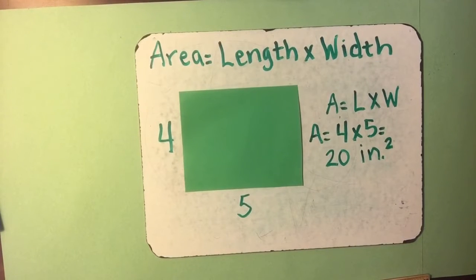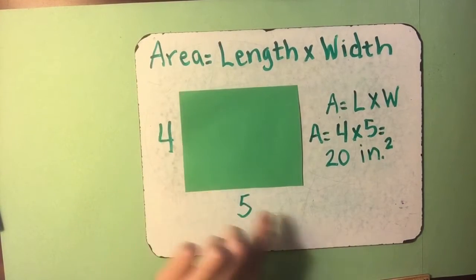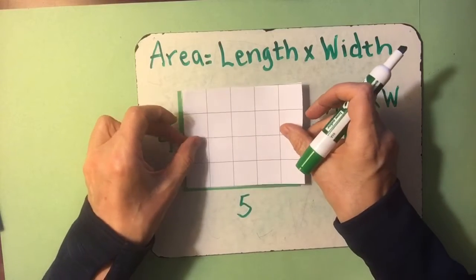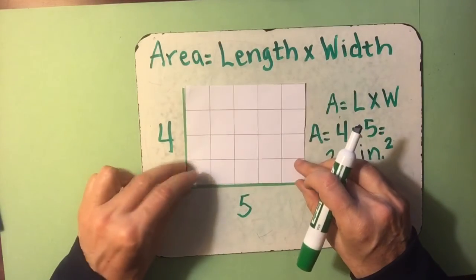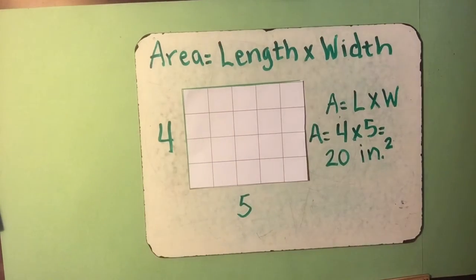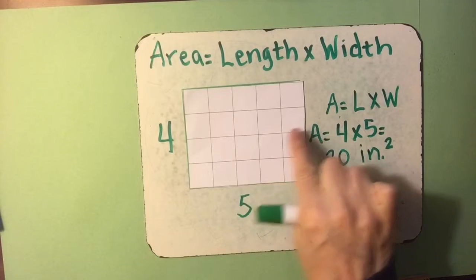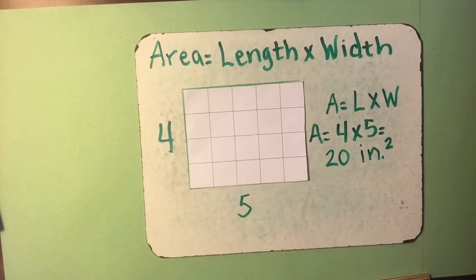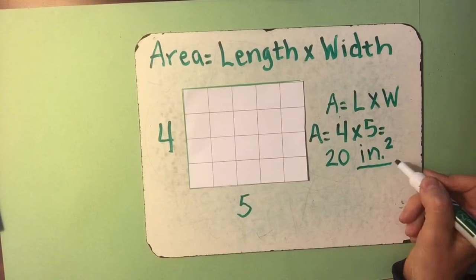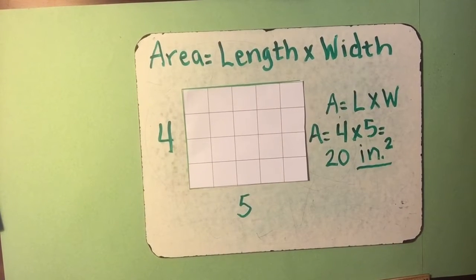So what you've calculated is the length times the width, but what you're really saying is there are 20 square inches in this piece of paper. So this is what we've just calculated. We have 5, 10, 15, and 20 square inches. So whenever you answer, you always need to remember to add this part when you're calculating area.